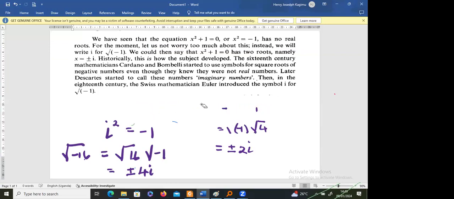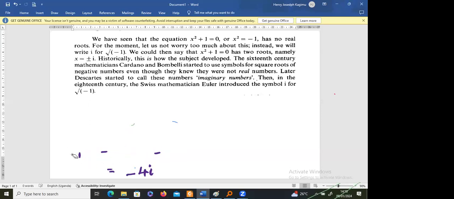And we shall be there. I'm trying to get my work.